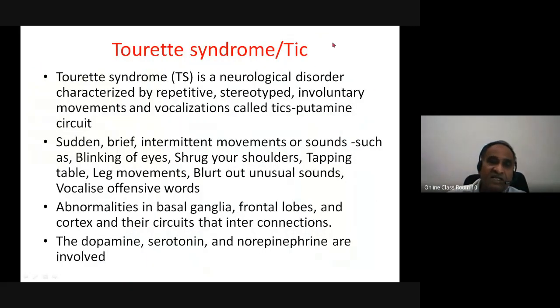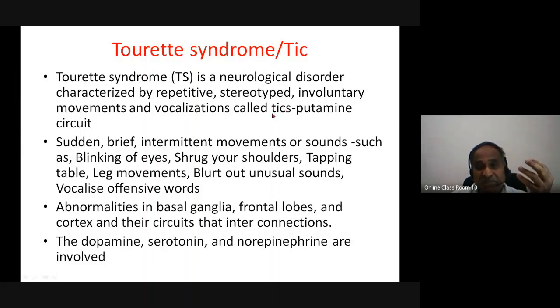Now, there is another syndrome, Tourette syndrome, or a tic. This is also having a choreatic movement. This is a neurological disorder characterized by repetitive, stereotyped, involuntary movements or vocalizations called tics. Some of them have tics like the eyes, they always try to move the eyes, or they have some tics like the lips they are doing, and maybe the movement of the hands or some parts of the body.